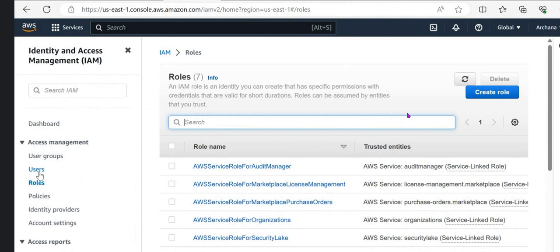With the cloud, no. See, for example, if we are taking an EC2. I'm not sure if what I'm telling is correct. Okay.